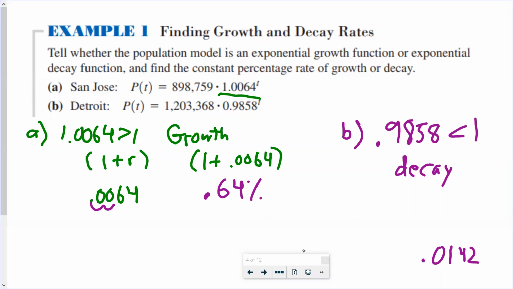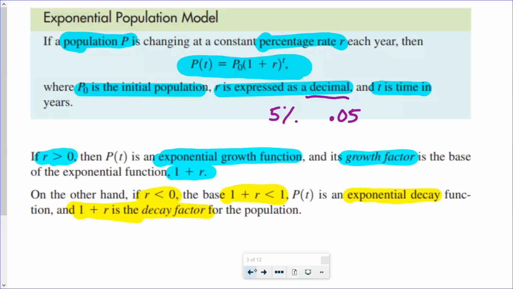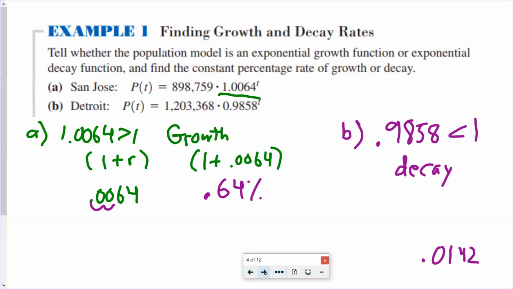That sounds spot on. Let me write this out. So people are like, how'd you get that? Well, come back here with me. We're looking at 1 plus r, right? Which gave us 0.9858.